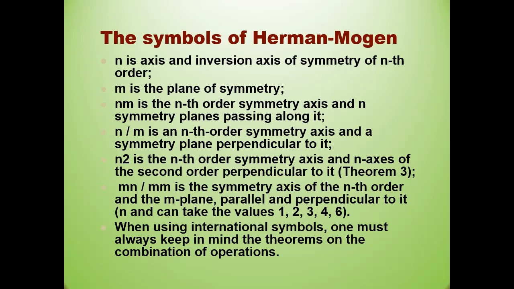The symbol m3, for example, means 4 axes along 3 bisectors of 3 coordinate planes of symmetry. According to theorem number 1, at the intersection of the planes there appear 3 axes of second order. By theorem number 2, at the intersection there is the center of symmetry.